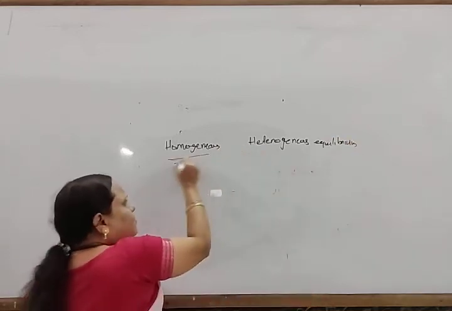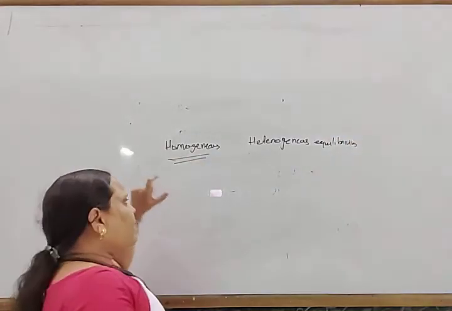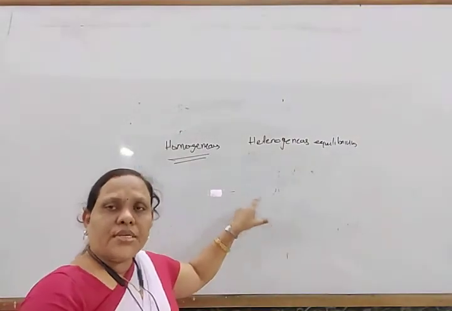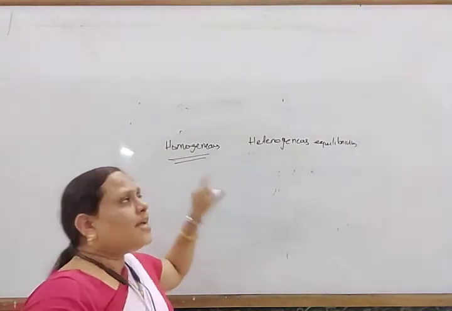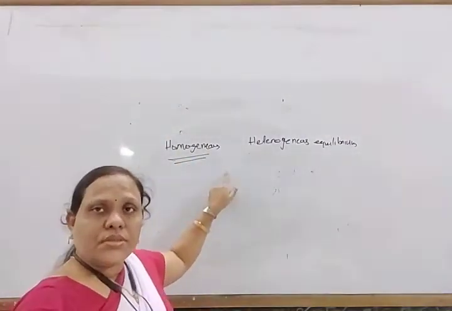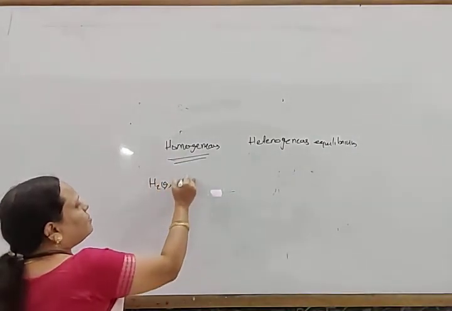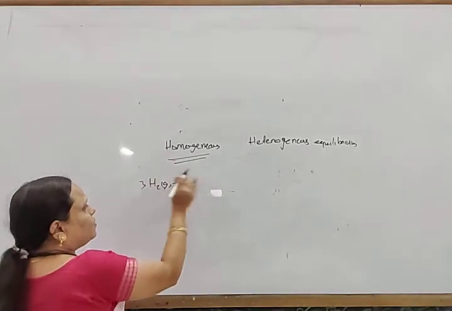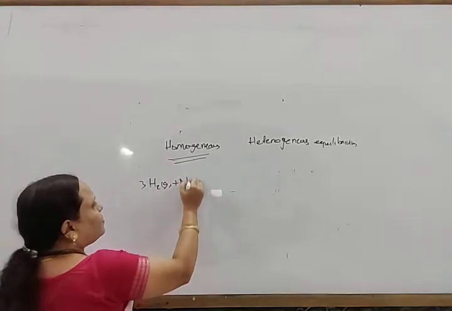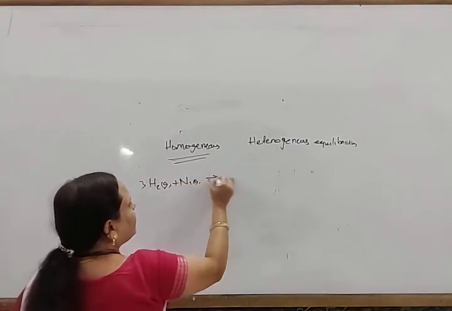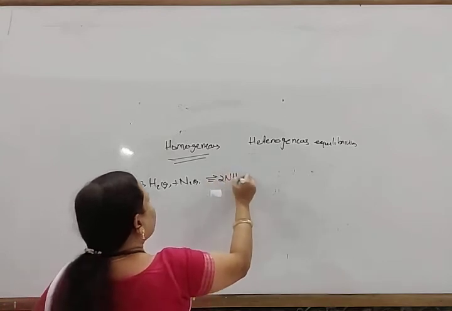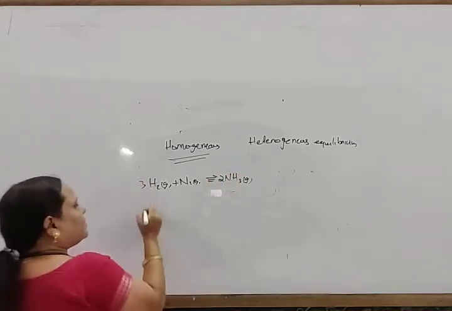So homogeneous equilibrium means if all the reactants and products are in the same phase, this is known as a homogeneous equilibrium. For example, 3H2 gas plus N2 gas gives rise to 2NH3 gas.